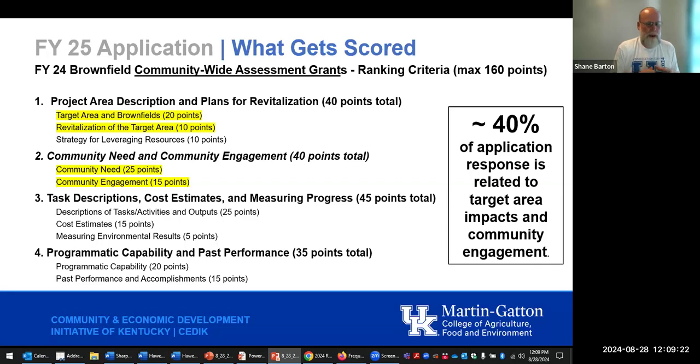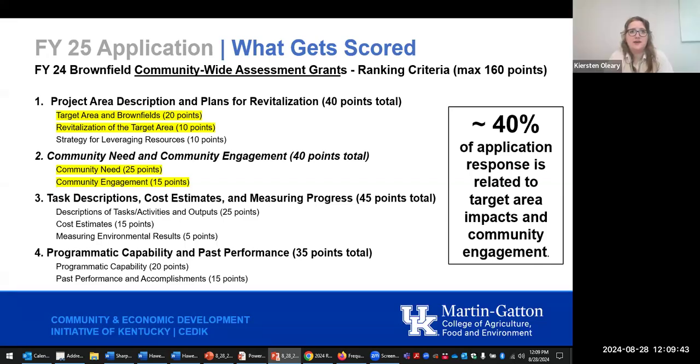So think about that environmental justice component around your community of need, and that there are a number of opportunities where you can start to build that narrative in your application as you describe the site, the community, and how you've engaged those residents in planning for that site.